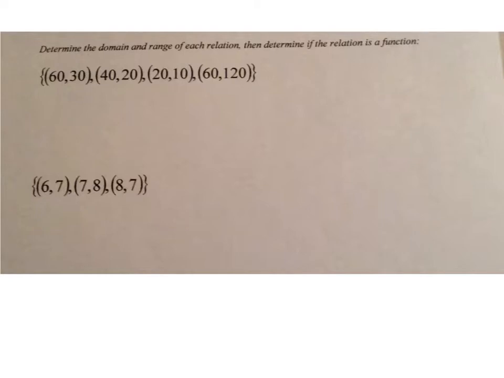Okay, here we're given a set of ordered pairs. Again, we're asked to find the domain and range, and then we're asked to determine whether the relation represents a function. Okay, so for this first one, the domain in this case will be 60, 40, 20, and 60 is listed again, but I only have to list it once.